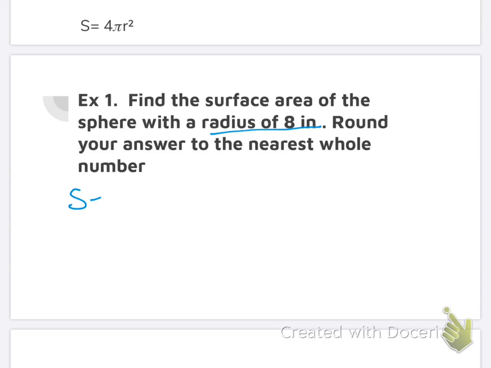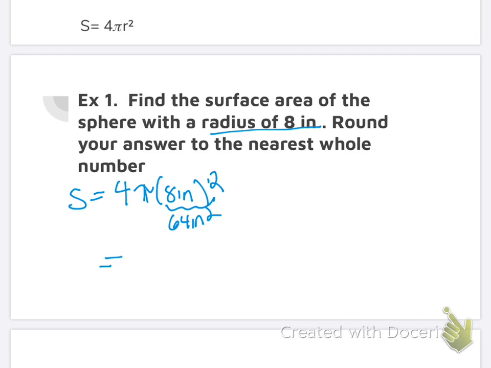So surface area equals 4 pi. My radius is 8 inches squared. 8 inches squared is 64 inches squared. So I'm going to put that all into my calculator.